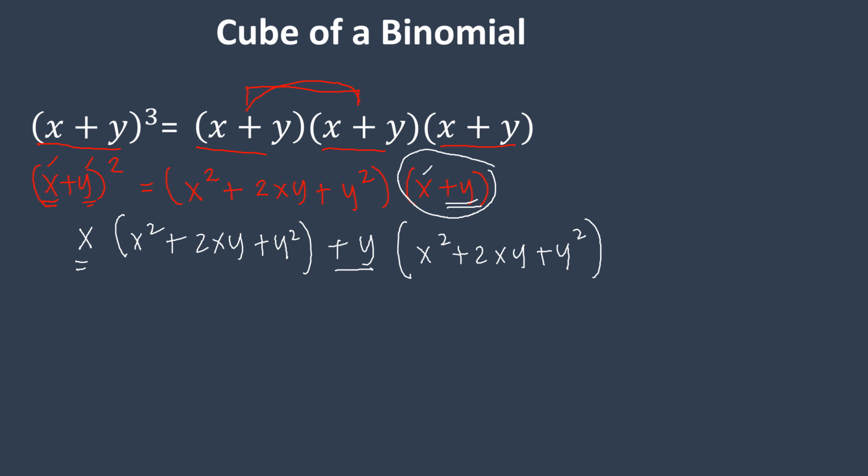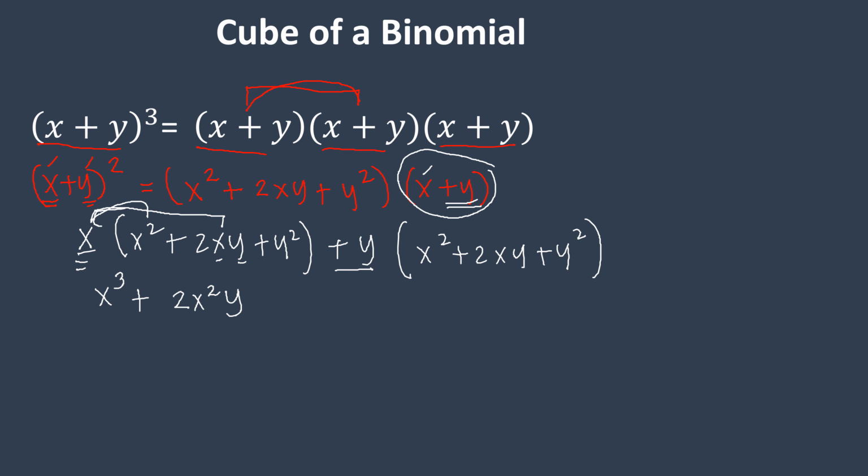So let us distribute. The x times x squared is x cubed. Then x times 2xy is 2, the x times x will be x squared, and you just write the y.